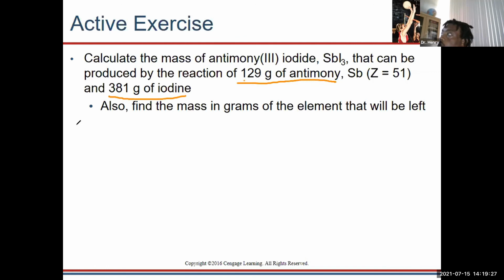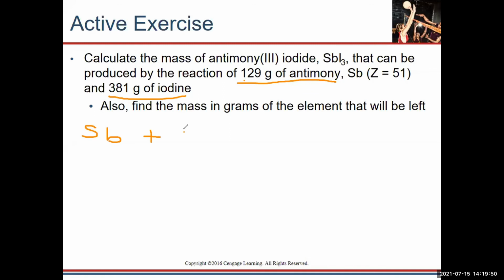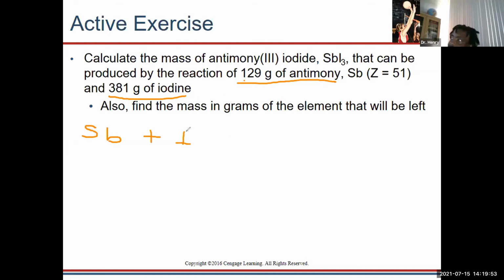Okay, so what is the chemical reaction? Sb plus, what is the chemical formula for iodide? I2. That's right, because we know that iodine is a diatomic, and that's going to yield SbI3. Is it balanced?